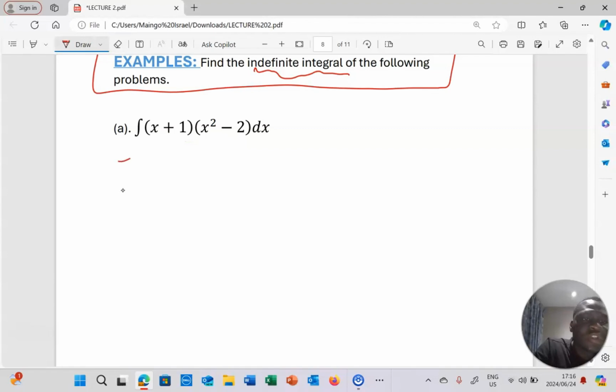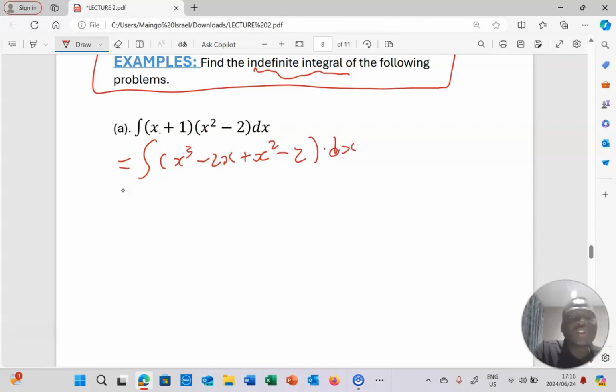We have to simplify this first, because there is no other law to do this kind of problem. So we need to simplify these two binomials. When you multiply, we get x cubed minus 2x plus x squared minus 2 dx.